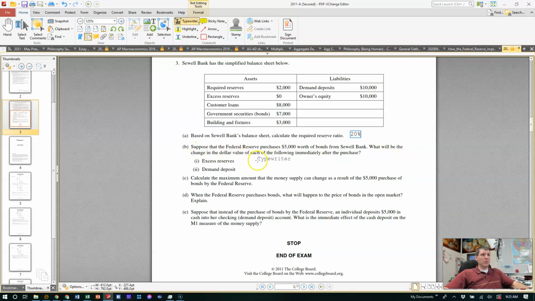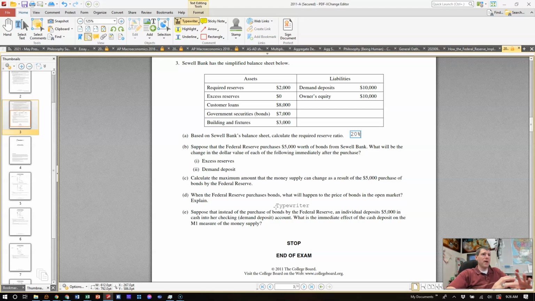B, suppose that the Federal Reserve purchases $5,000 worth of bonds from Sewell Bank. What will be the change in the dollar value of each of the following immediately after purchase? Now, when the Fed purchases bonds and does it directly from Sewell Bank, the entire amount is excess reserves. The Fed is not depositing money into the bank.